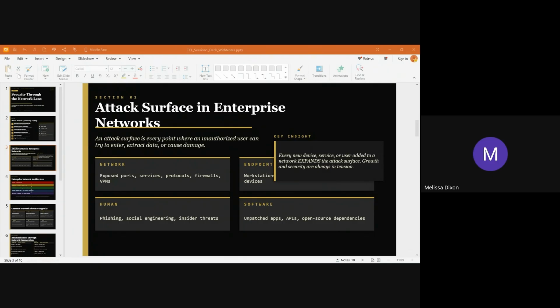Does anyone in here know what a dependency is? A dependency is something that a program depends on to work. Yes, that's right.